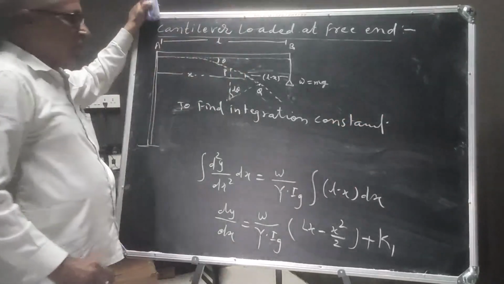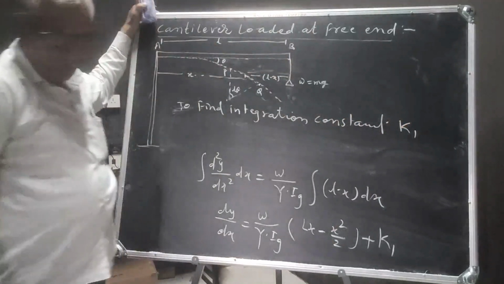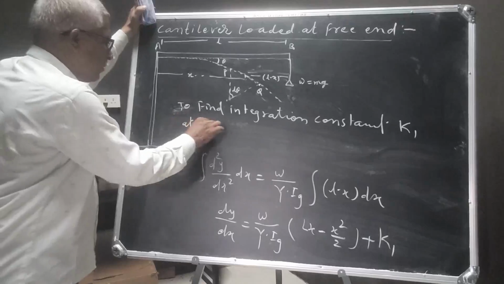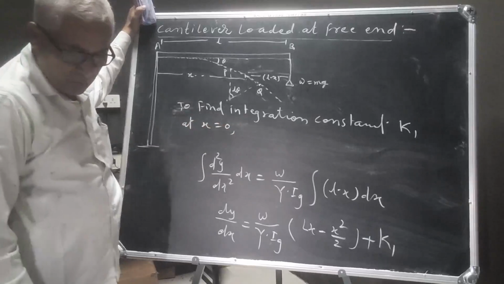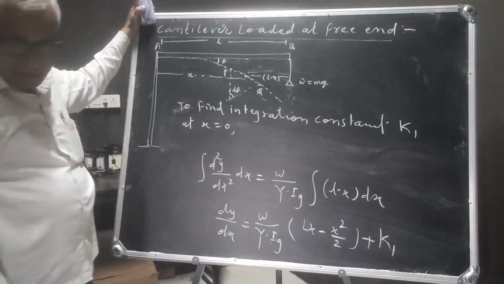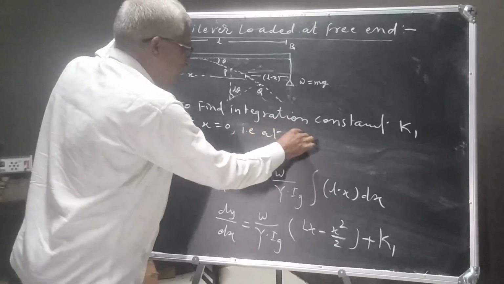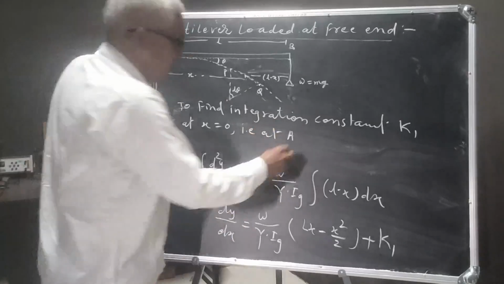To find the integration constant k1, we know that at x equals 0, that is at A, the depression is 0.